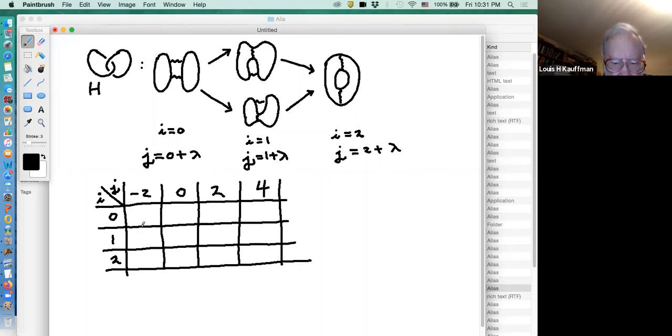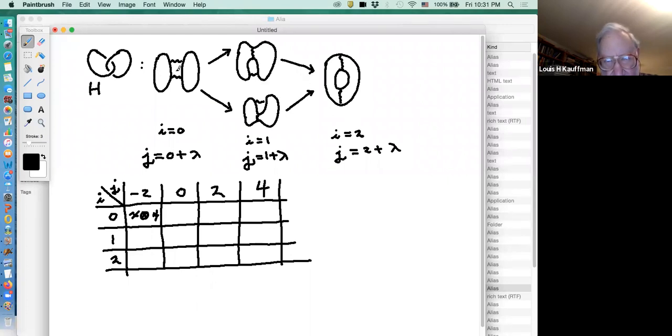So let's put in the corresponding algebra element. So for I equals 0, we're working entirely here. And we say to ourselves, well, what will give us -2? And the answer is x tensor x, labeling both of these with x, labeling them both with -1. Now, what happens next?